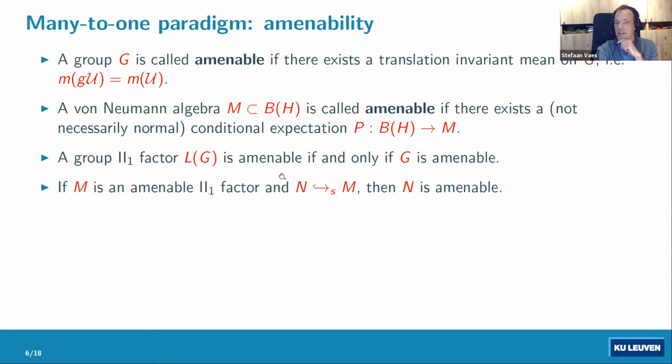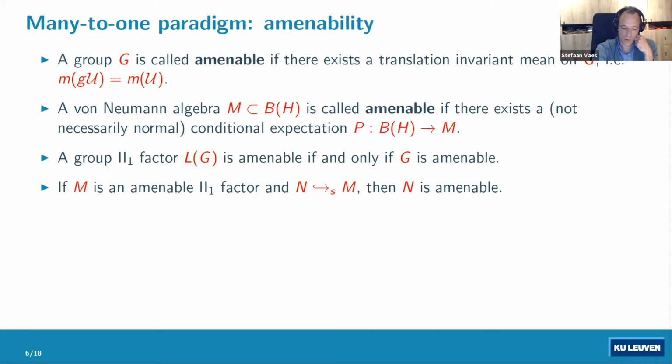And secondly, it can be proven that amenability passes to subalgebras. So if M is an amenable II_1 factor, and if N can be embedded even into n by n matrices over M, then N is forced to be amenable.